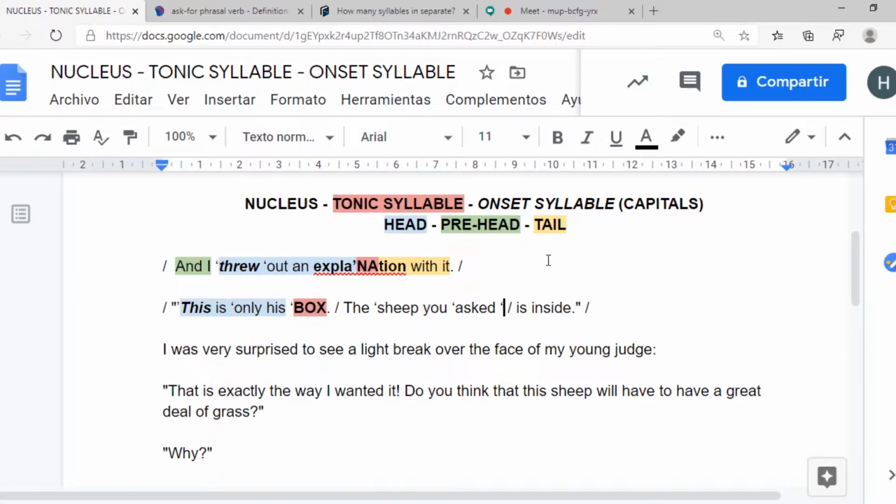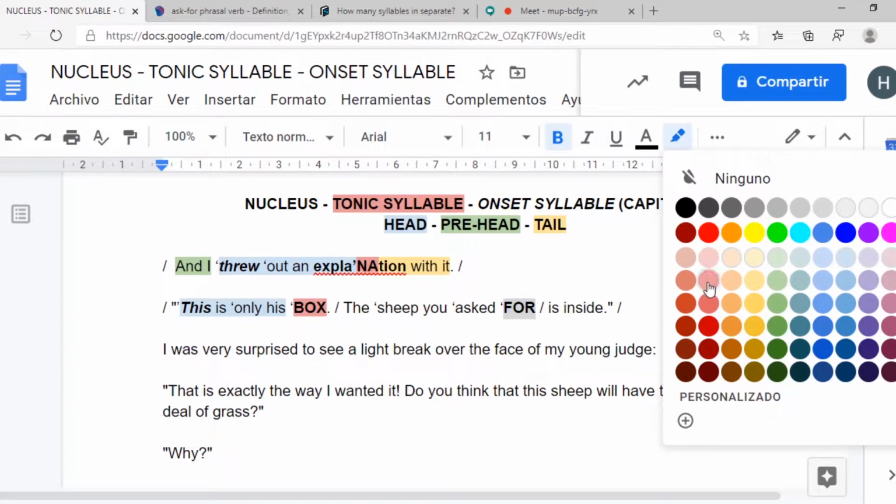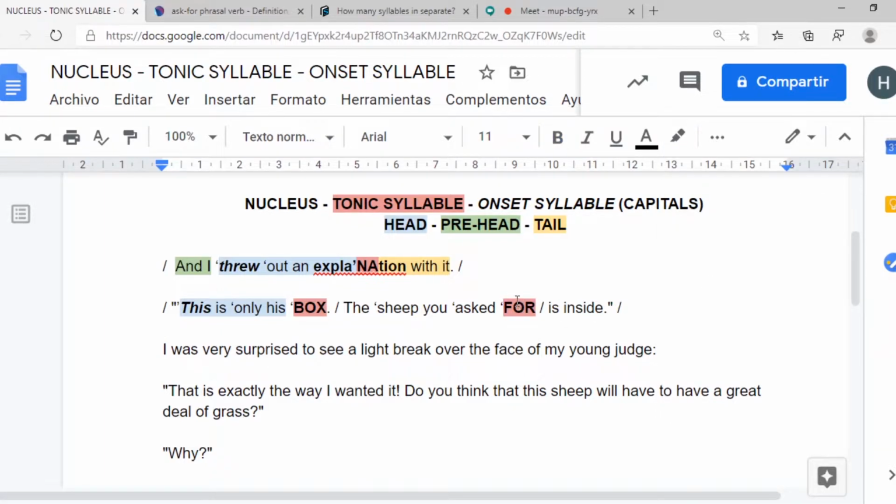I will write it with capitals, and I will write it in bold. Do I have any other word after for? No, I don't have any other word, so I don't have any tail. So for will be my nucleus, and as this word will be my tonic syllable, I will mark it as tonic syllable. So now I found my tonic syllable.